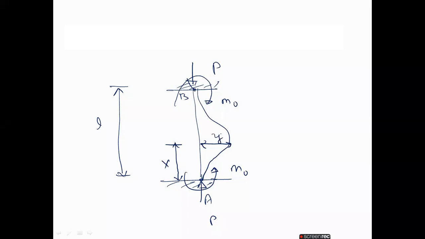As both ends of the column are fixed and the column carries a crippling load P, there will be some fixed end moments also there. Those are M naught. Now let us take M naught equal to the fixed end moments at A and B.